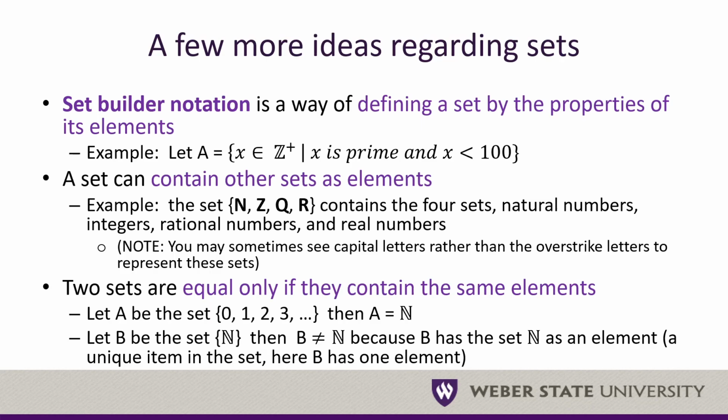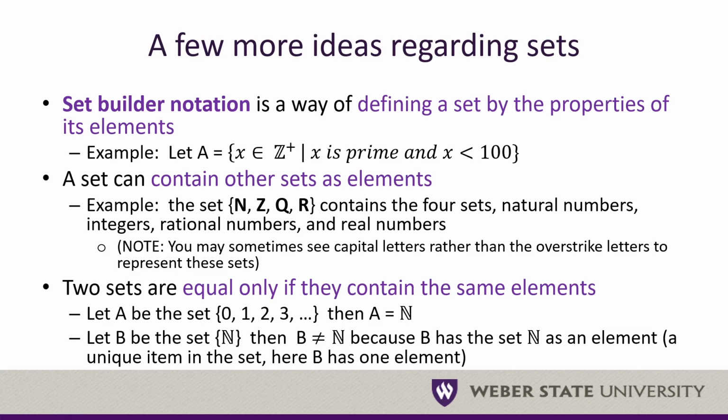Because it is a set containing a set. Just like the set up here in the example with the 4 sets of natural integers, rational and real numbers, that's a set with 4 elements. Here I have another set, but it's only got one thing in it, a set that contains the natural numbers 0 through whatever.